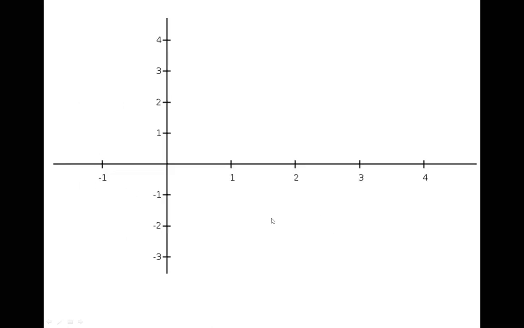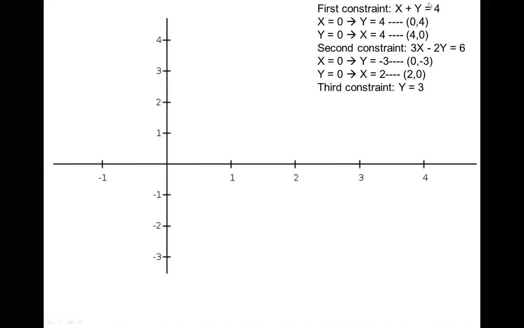Now we are plotting actually on the first quarter. Even if you have negative values, the solution area will be in the first quarter, because of the non-negative constraints.